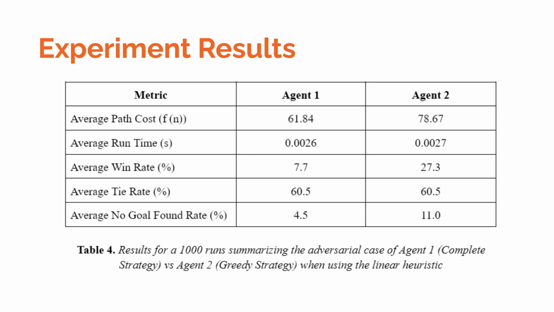We can see that, as expected, the agent with the complete A-star approach had a noticeably lower path cost, about 20% less. The runtimes, however, averaged out to be about the same, with the complete A-star actually slightly beating out the other strategy. Also, we can see that our greedy agent was able to win almost 4 times as much, but it was also unable to find a solution 2.5 times as much.